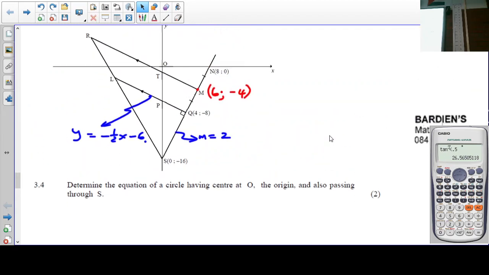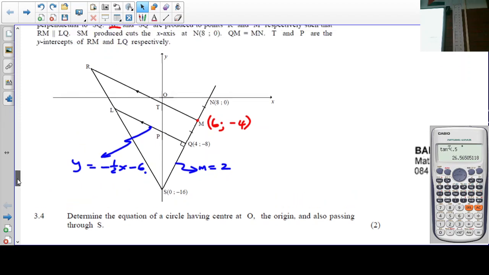Alright, so in question 3.4 we are asked, determine the equation of the circle having center at O, the origin, and passing through S. So if you have a circle with center at origin and passing through S, this is what the circle is going to look like.